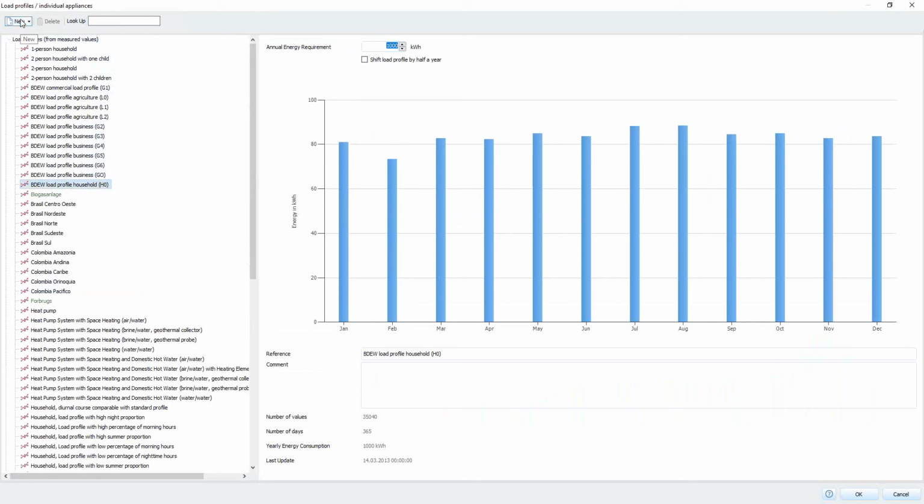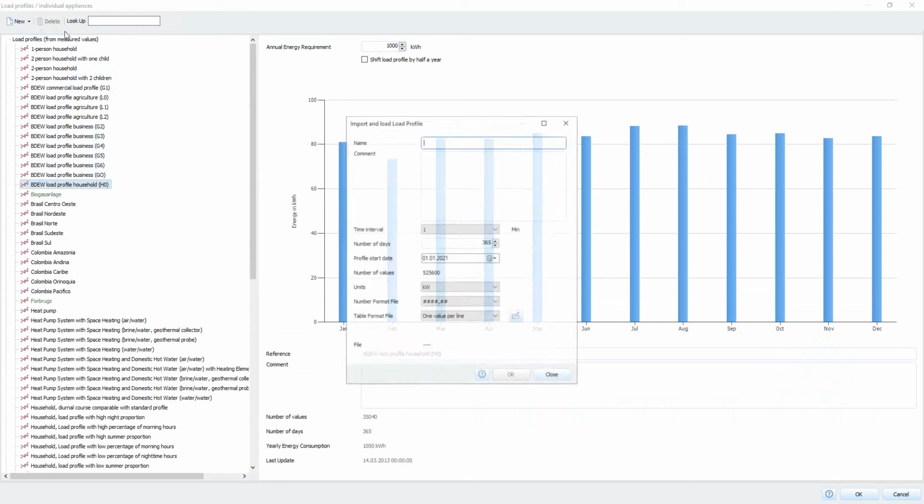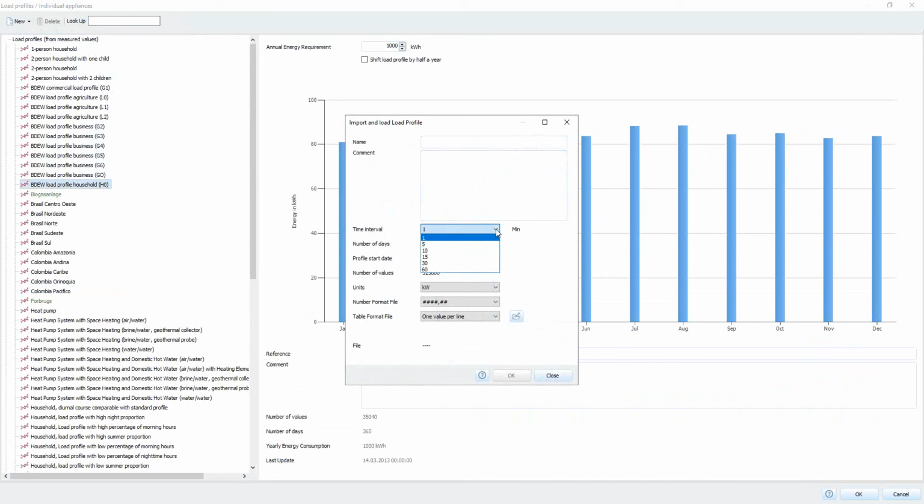Okay, but we want to import one, and this can be done under New and Load profile from measured values. You can give it a name here, and comment it. Then you have to define the time interval, so the resolution of the data from 1 to 60 minutes. Different options are available.